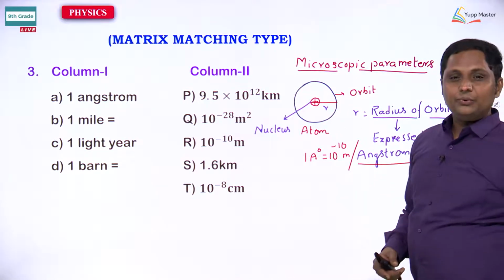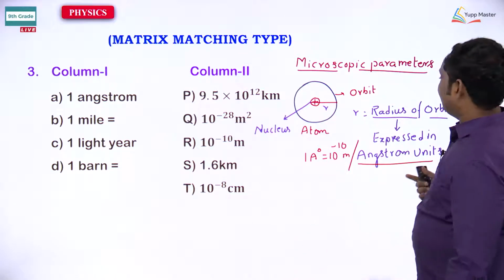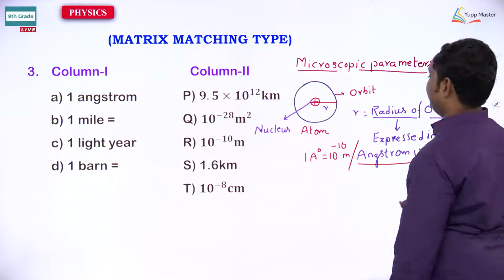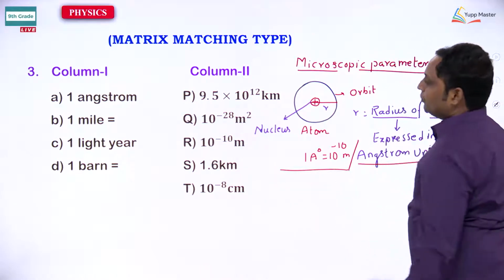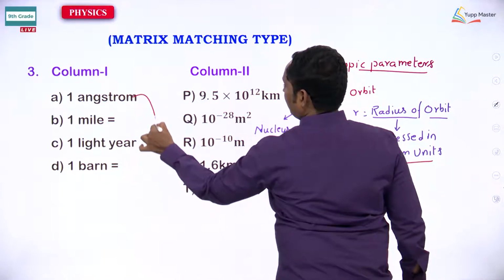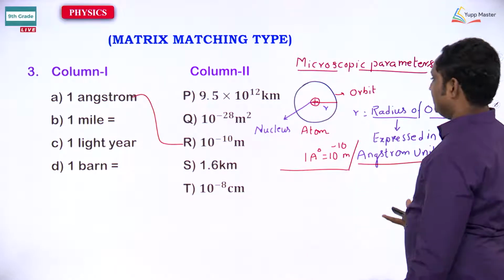Is it clear, the purpose of the angstrom unit to represent the radius of an atom or any microscopic parameter?